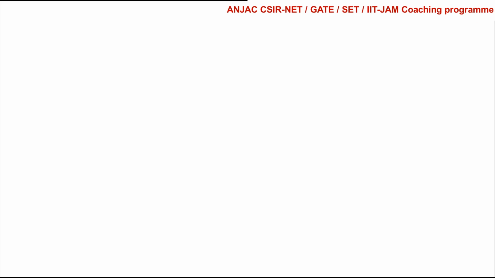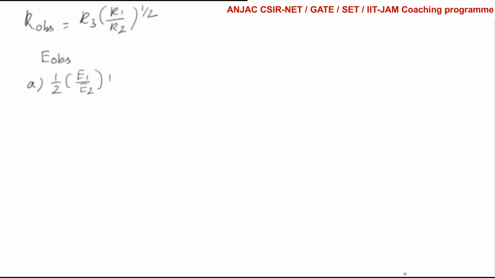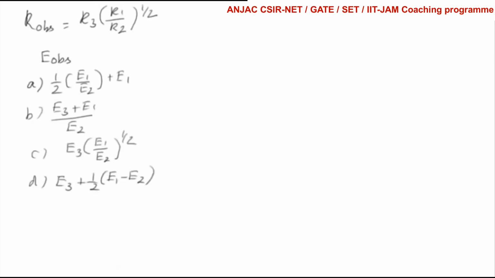If the observed rate constant is expressed as K observed is equal to K3 into K1 by K2 power half, the observed energy of activation of the reaction is... Take down the options. Option D.